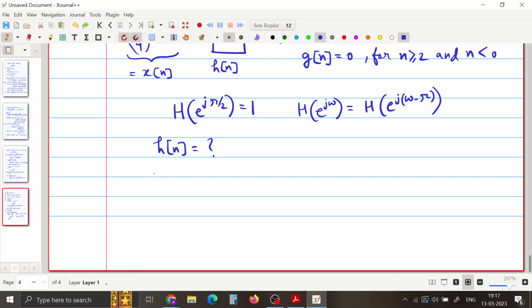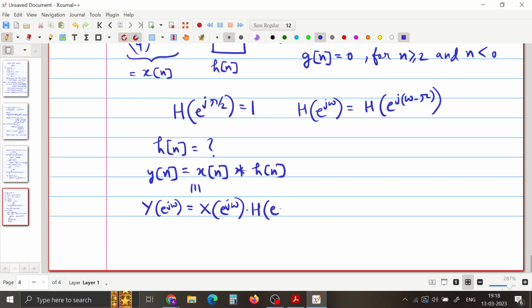So if the output is given by the convolution of the input and the impulse response, in the frequency domain this goes to Y of e power j omega equals simply the product.